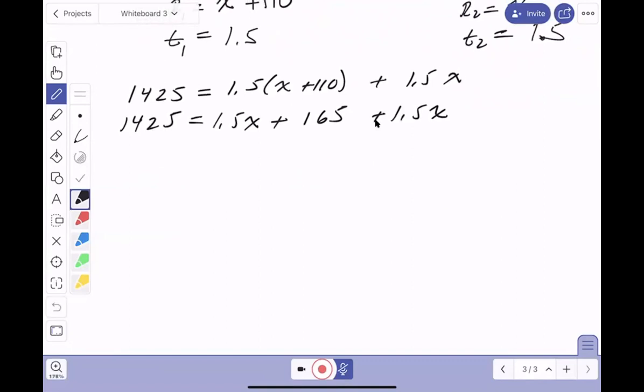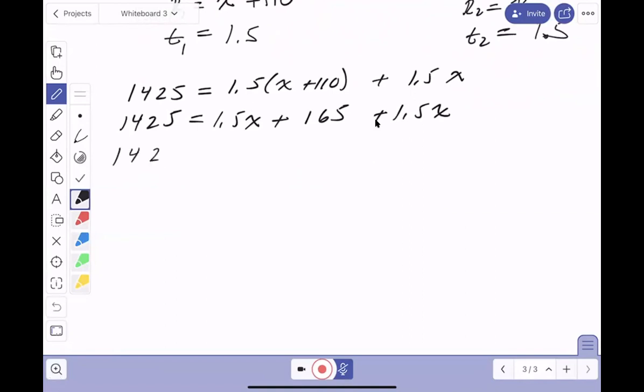All right. So 1,425 equals 3x plus 165, subtract 165 from both sides. You're going to get 3x. Again, I'm not even thinking about the problem anymore. Now 165 from 1,425.